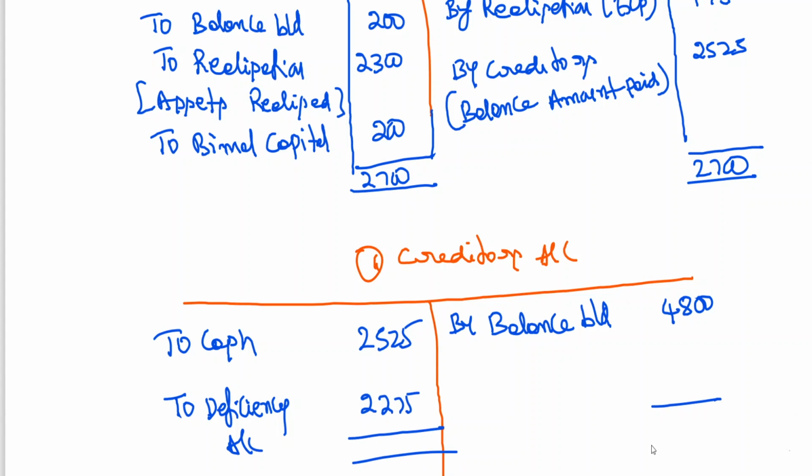Now this deficiency account must be equal to the amount that partners were unable to bring. And some people say that this 2,275 will be transferred according to profit sharing ratio. So don't do that. Be watchful. The unpaid amount to creditors won't be transferred to partners capital according to their profit sharing ratio. Simply you transfer this to deficiency.